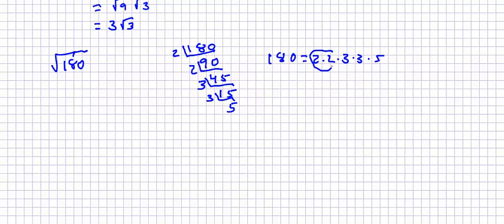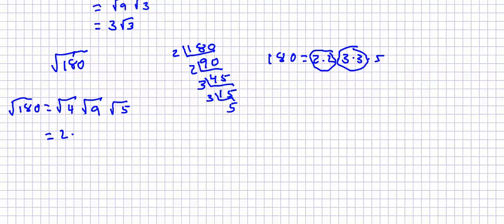So 2 times 2 is 4. So the square root of 180 is equal to the square root of 4 times 3 times 3 is 9, square root of 9 times the square root of 5. Square root of 4 is 2, square root of 9 is 3, and we end up with 6 square root of 5.